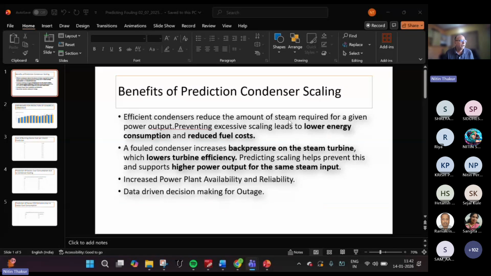So I will first be taking you into the benefits of AI in condenser scaling. Just a brief. This is something that third year students from Thadomal Shahani Engineering College, Chemical Engineering Department, helped me out in doing. Some of you have already got your hands dirty and worked on it.